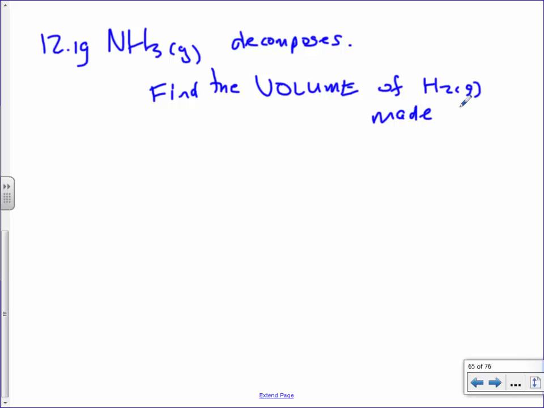Look back at the last example we did. The first thing you need to start with then, you need a balanced equation. Before you do anything, find a way to write an equation for NH3 decomposing.